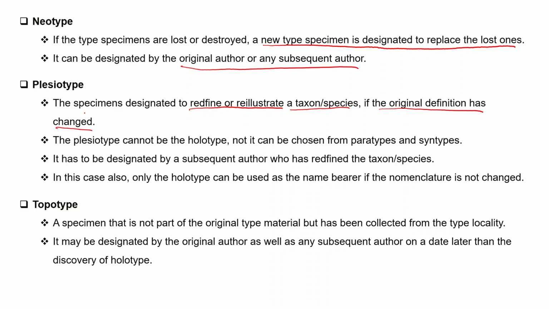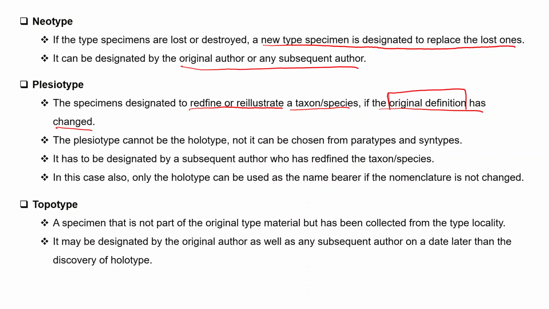So, let us suppose that a particular species was defined in a certain year, in 1850, and with time and development of new concepts, the description of that species has changed. So, under such circumstances, the holotype, the paratype, and the syntype will not serve the purpose to describe that particular species whose original definition has changed.